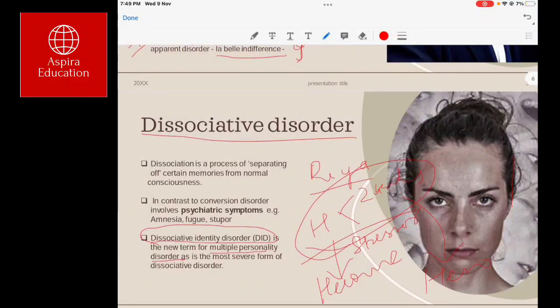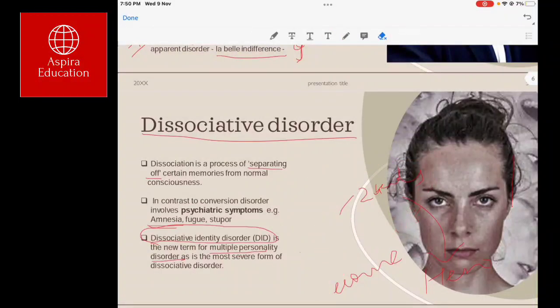And she actually undergoes amnesia. She would have forgotten what happened to Ria's personality. She had forgotten that she was married and had two wonderful kids. So that is separating oneself from certain memories, separating oneself from the normal consciousness. Upendra movies are very famous, which portray multiple personality disorders.